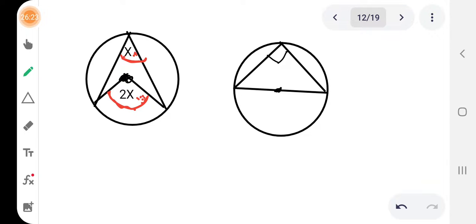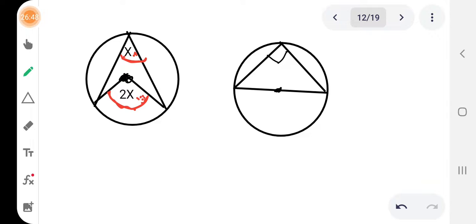So in this case, we can also say that the angle at the circumference is half of the angle at the center. But note that the angle at the center is twice the angle at the circumference, so as not to confuse yourself. So let's look into the next theorem.